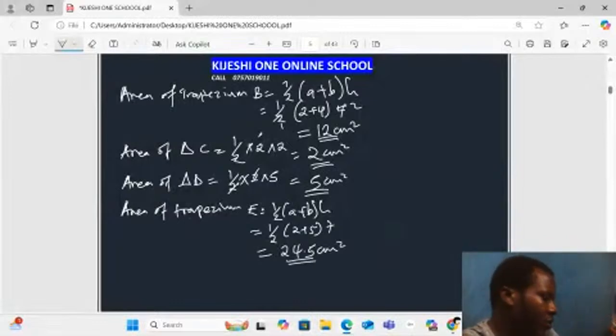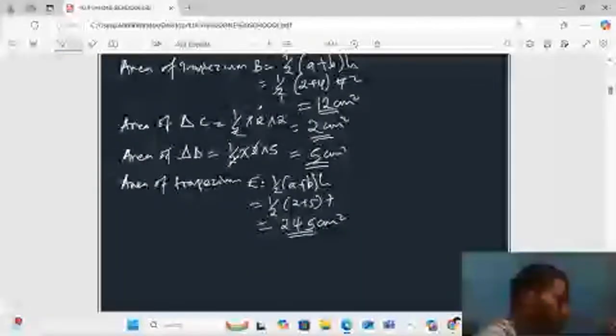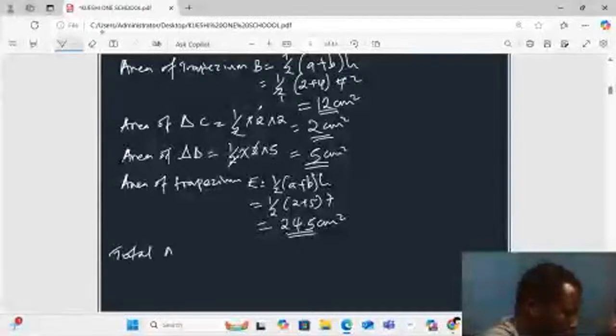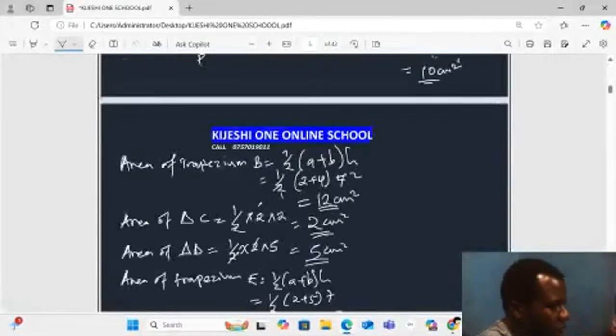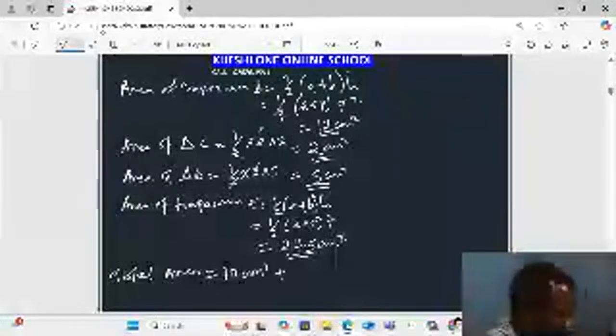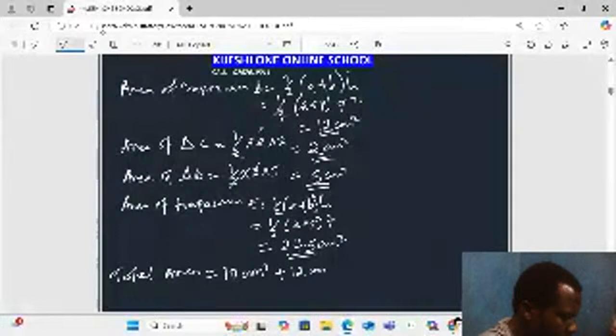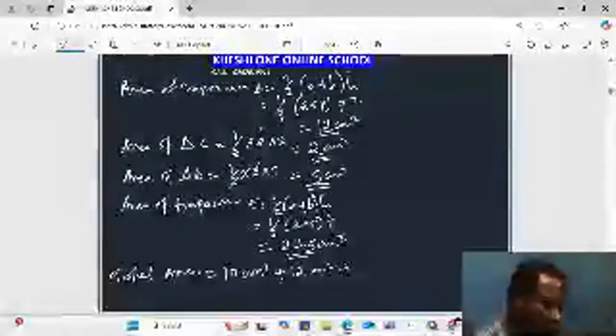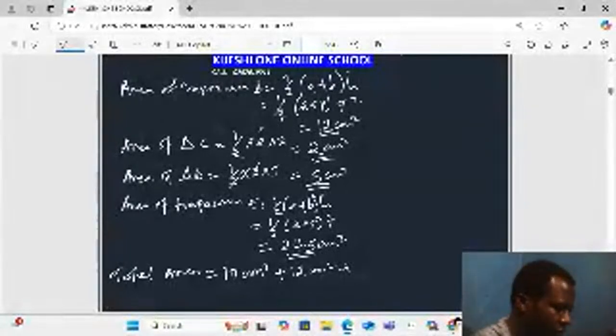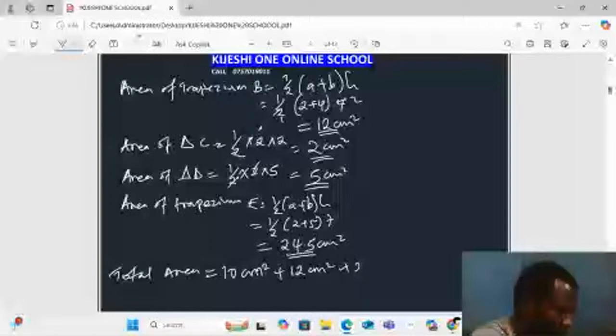Now, find the total area. The total area, take for A, that is 10, plus B is 12 square centimeters. Then you add for C, C is 2 square centimeters.